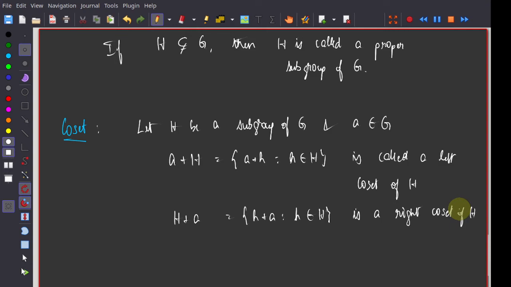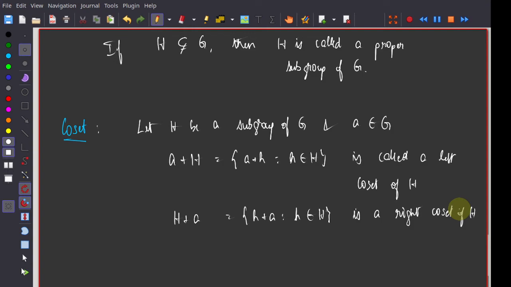And in general, the right coset may or may not be equal to the left coset. If the group is abelian, then the right coset is equal to the corresponding left coset. But if it is non-abelian, then these two may not be the same. So just take an example. Take some 2 by 2 matrix.